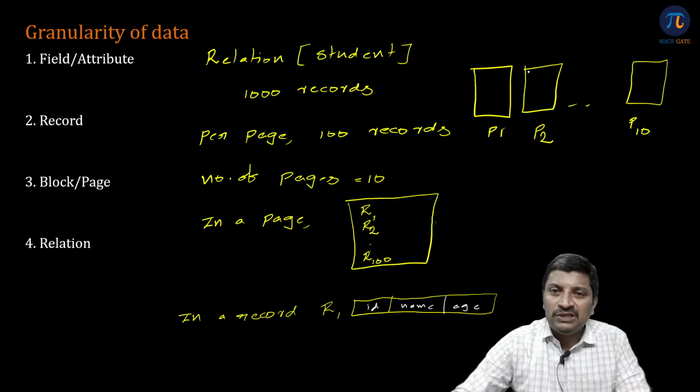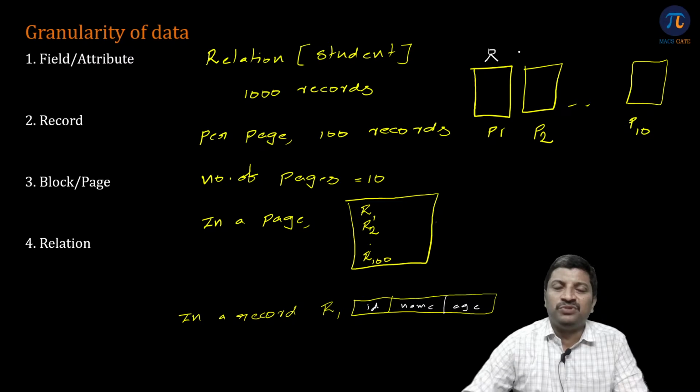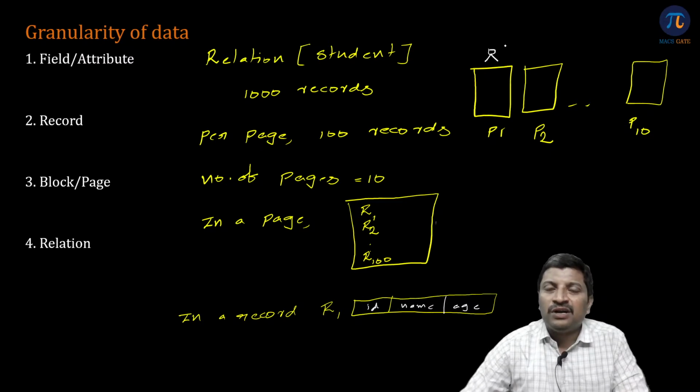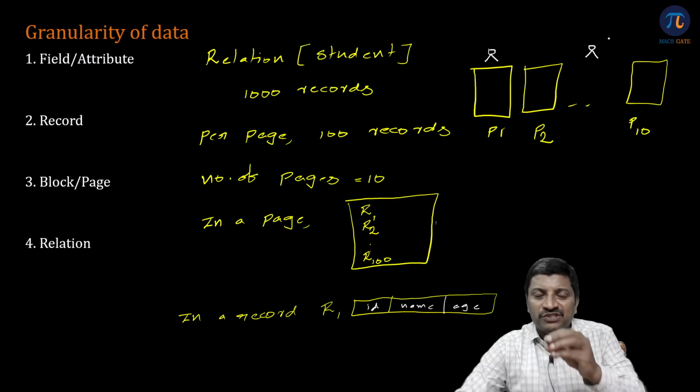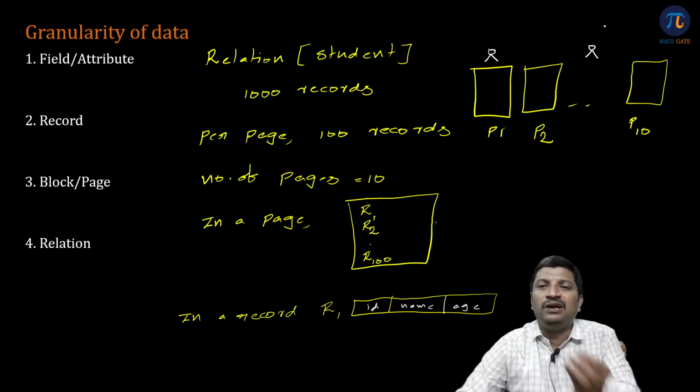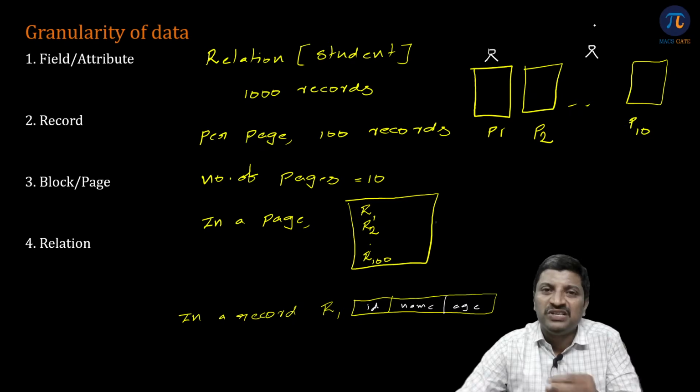Now suppose some user is accessing the first page. Do you have any problem if another user is accessing the third page? No, right? Because the first person is working on page 1 and the second person is working on page 3.